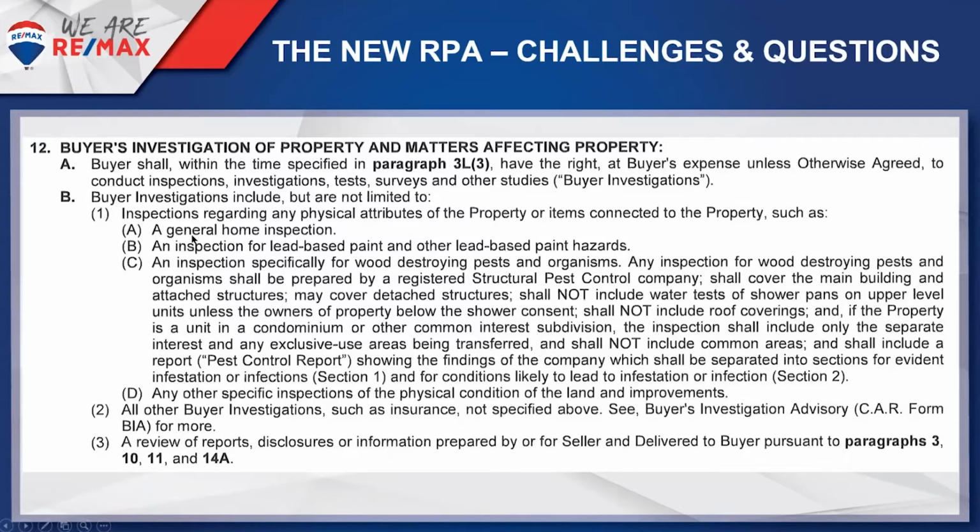And things like a physical home inspection, a lead-based paint inspection, or other lead-based paint hazards, wood destroying pest inspection. And it also references the BIA, any items as outlined in the BIA.